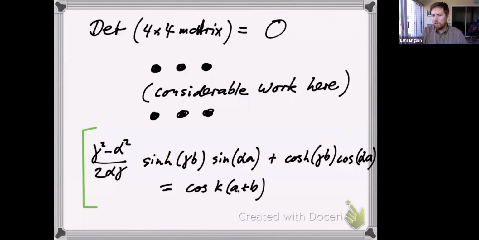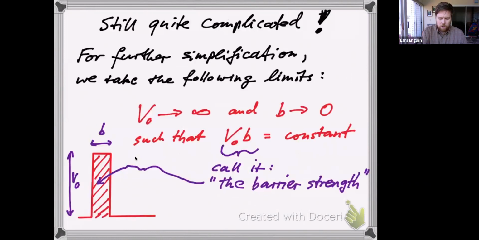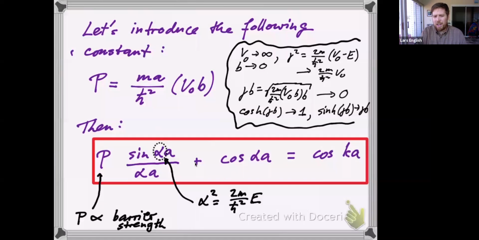So then it's really just the cosine K times A. And the gamma squared here is much larger than the alpha squared, and so on. If you do a couple of those things, then without much work, you can see that this really is what we get. Okay.